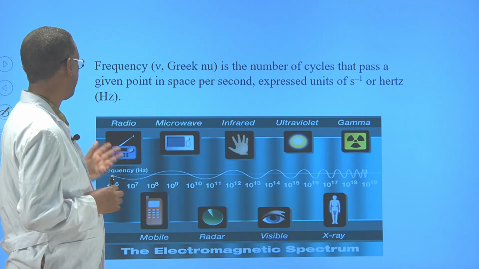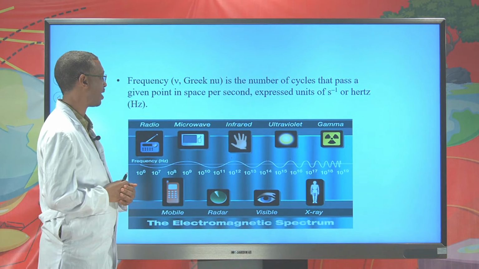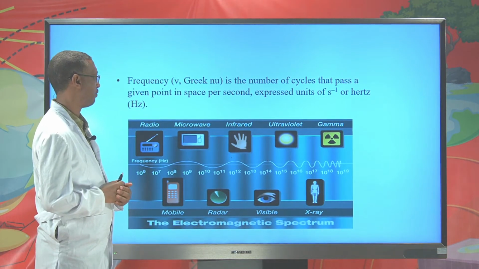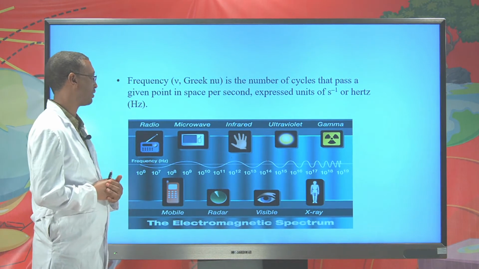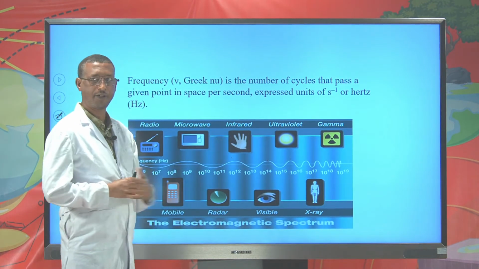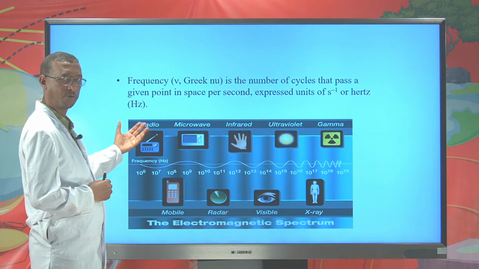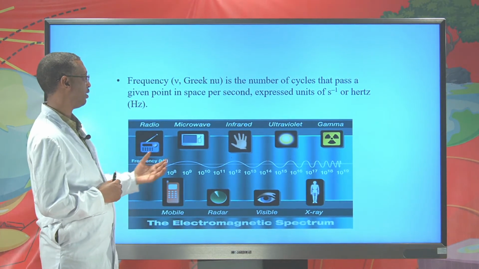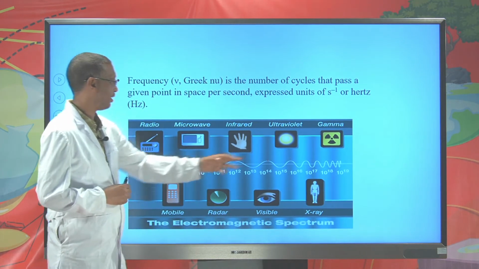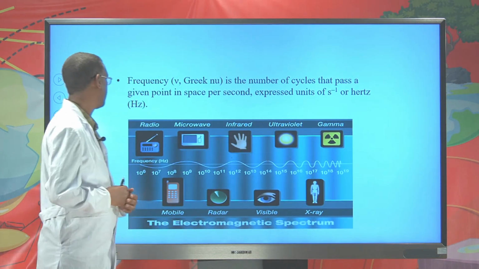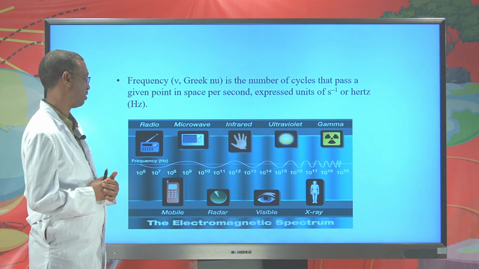So for example, here we have different forms of electromagnetic radiation. Gamma ray is a form of electromagnetic radiation, ultraviolet ray, infrared, microwave, radio. If you take gamma ray, it has the highest energy, and radio wave has the lowest energy.